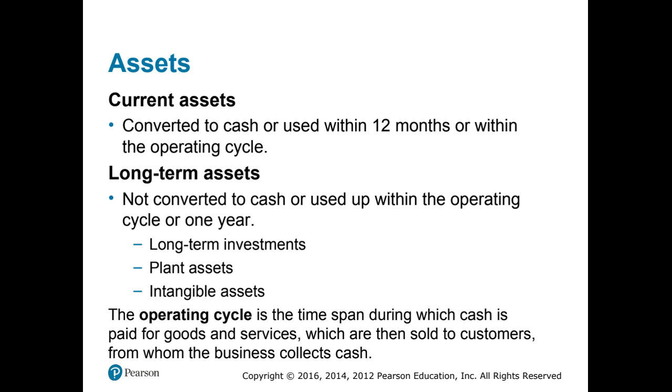Yeah, a patent would be intangible because it's still an asset. Cash would be considered a current asset, but a patent is something that you can't physically touch, and it is still an asset for your business.